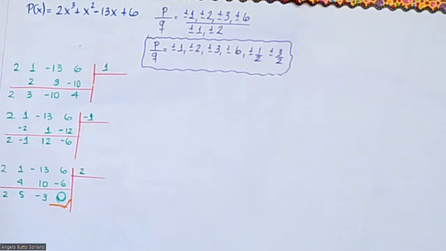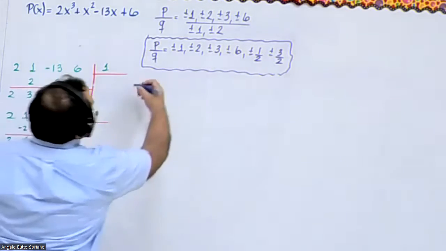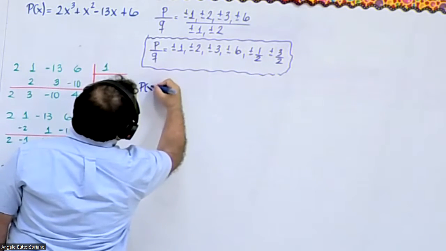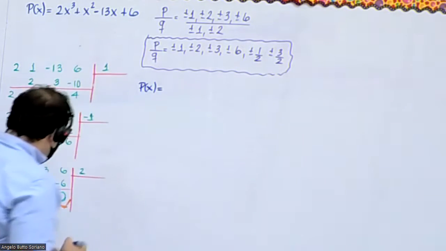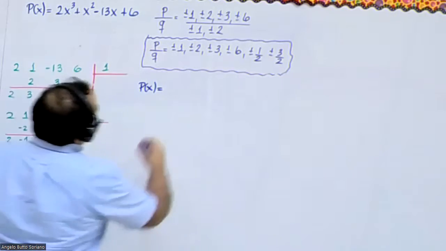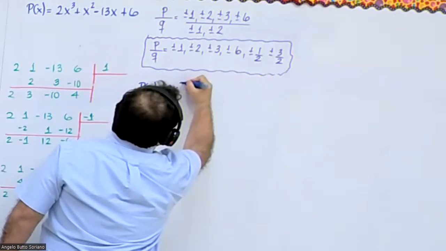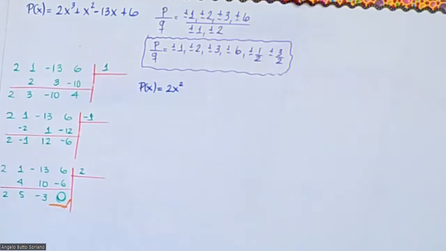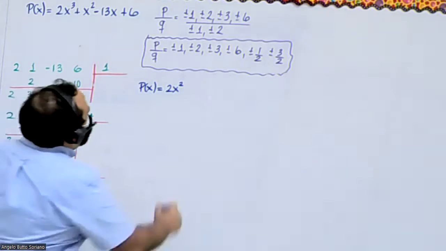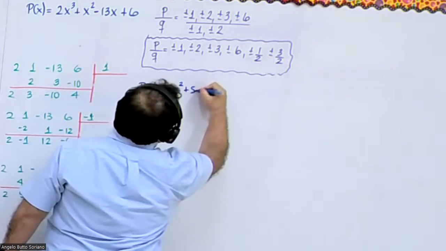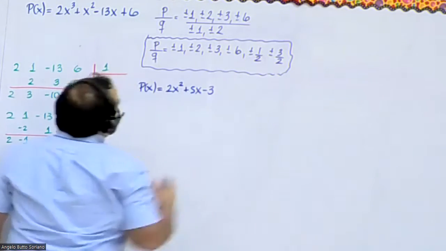Okay, so we finally found the first zero of the function. Remember, the original one started from x cubed. Now the new P(x) will be given by 2x squared, always decreasing 1 degree, plus 5x minus 3.